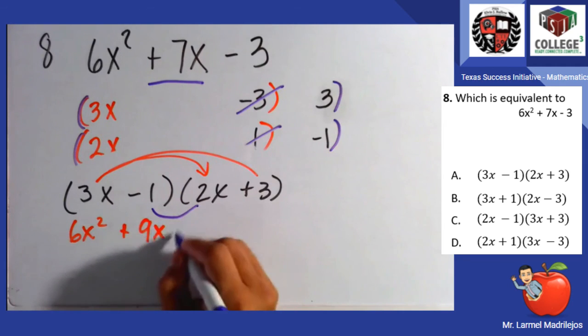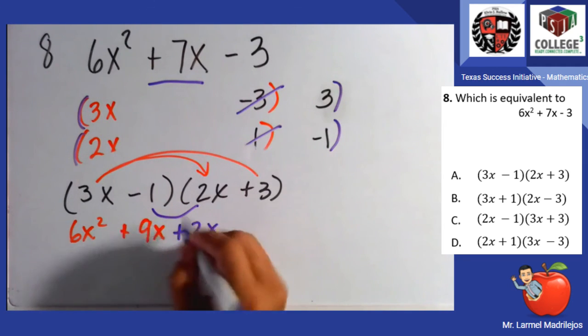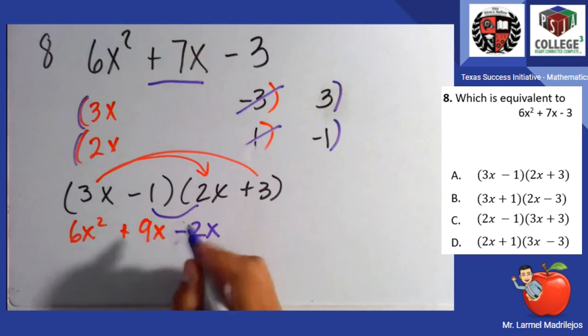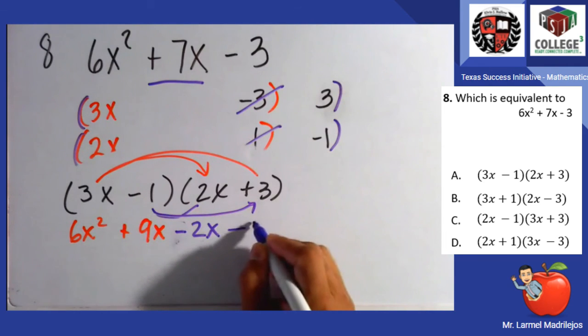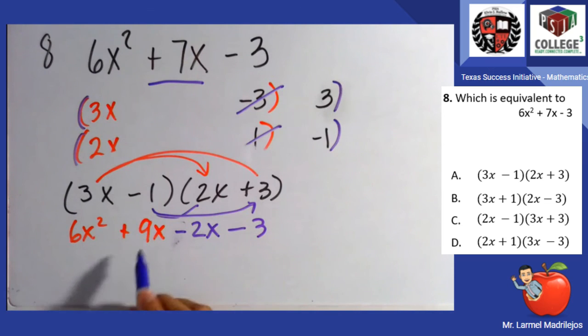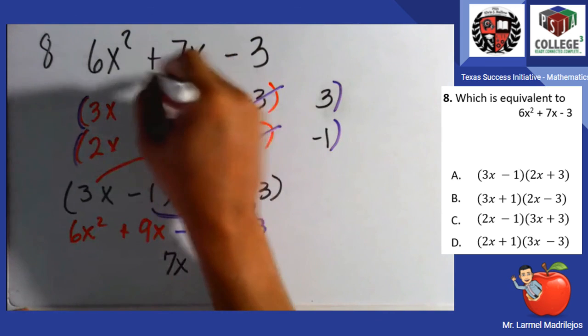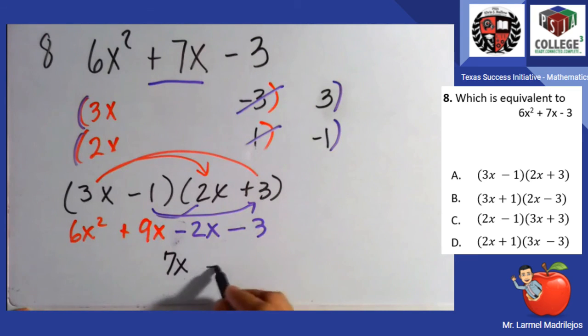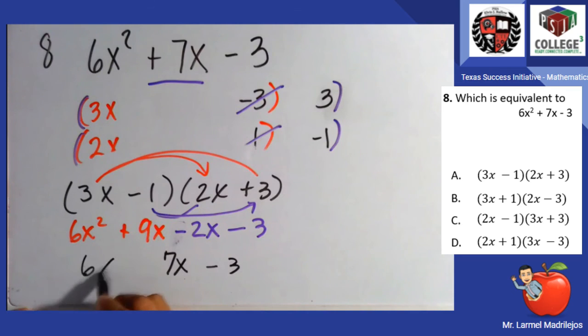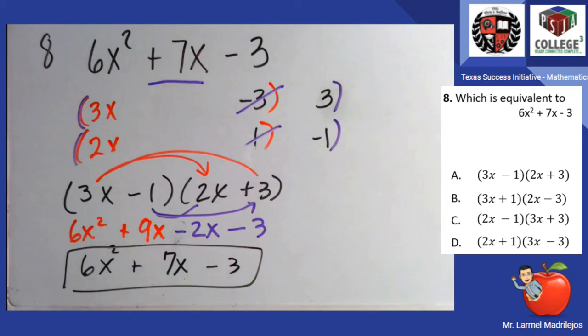Distribute, this turns to minus 2x. Distribute, this turns to negative 3. If I subtract 9x minus 2x, it gives me 7x. It matches that number there. So I'm just going to bring this down here. So the answer is 3x minus 1 and 2x plus 3, letter A.